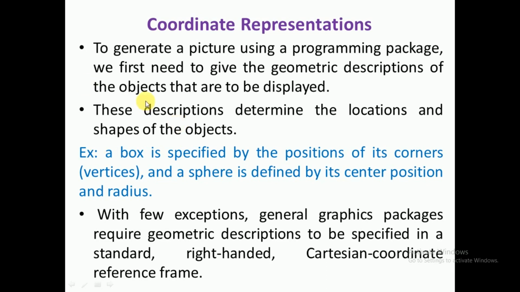Then next is coordinate representation. Here, coordinate representation means, whenever you are drawing something on your monitor as a programmer, for example you want to draw a line. When you are drawing a line on paper by using a pen, you must know the starting point, you must know the end point. Those are coordinate values.